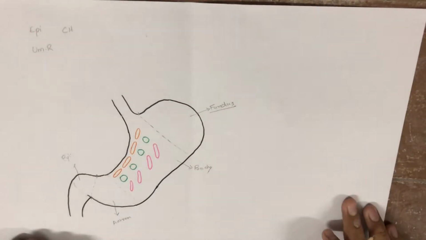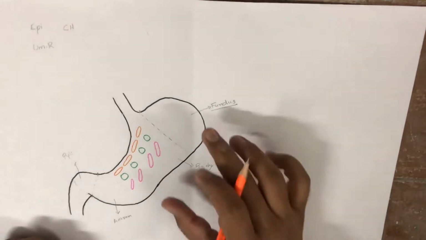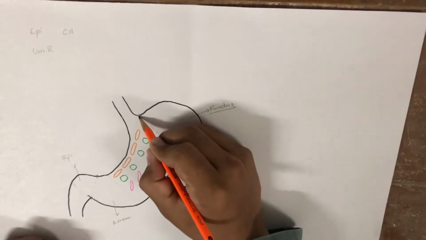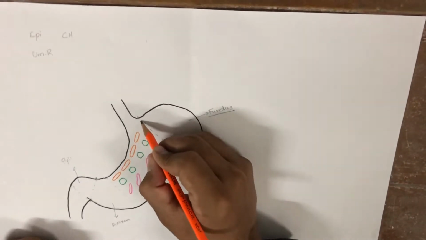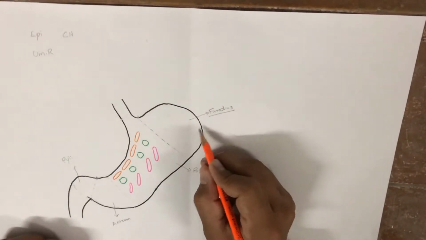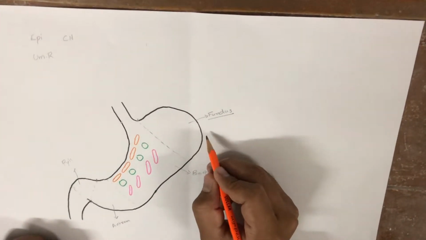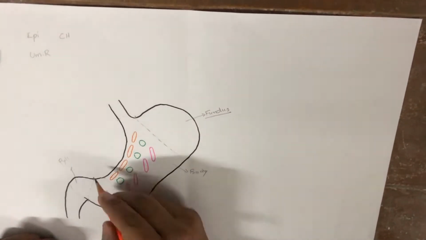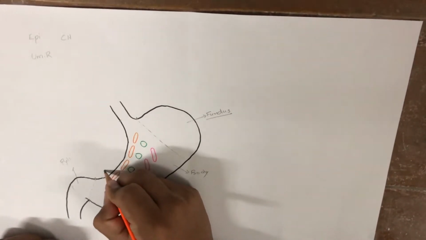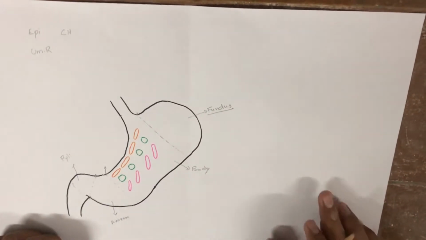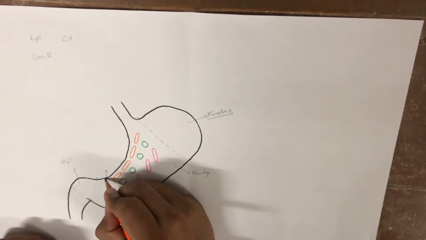Now the fundus starts from the right of the cardiac end. We draw a horizontal line from the right of the cardiac end, and that is the fundus. And the body goes from there till the angle of insula, or we can say the insula angularis.